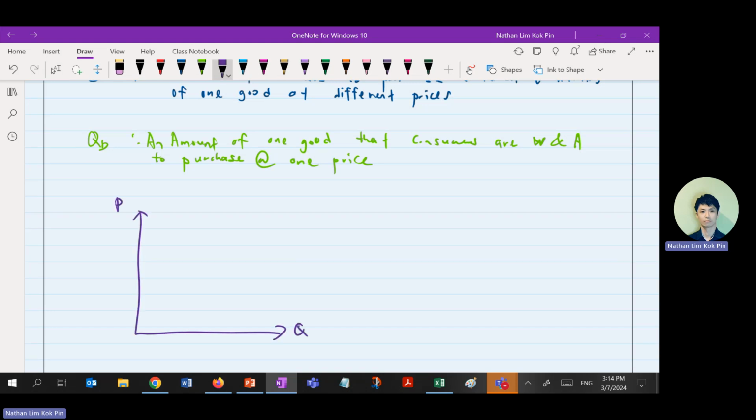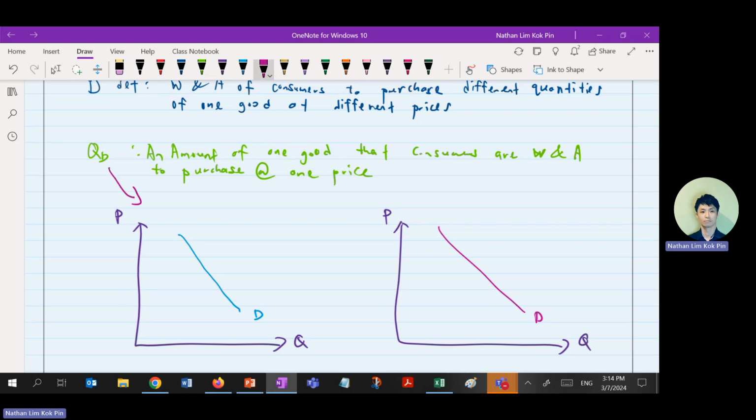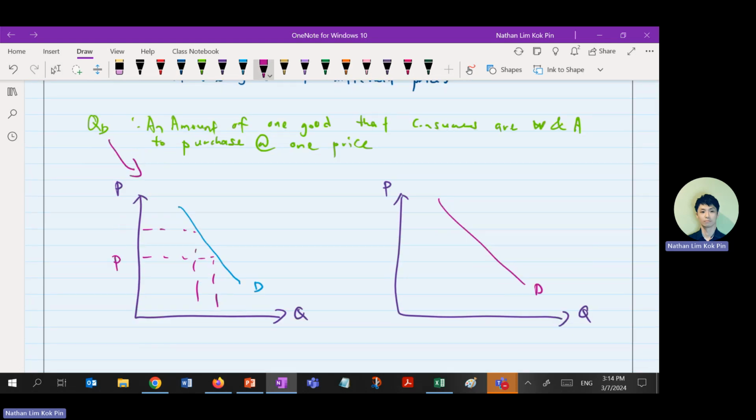This is the P and Q, and this is the P and Q as well, but the diagram is different. Movement along and shift, right? QD refers to movement along. This is where the price of the good itself increases or decreases. If the price increases, it will lead to QD decrease to QD1.